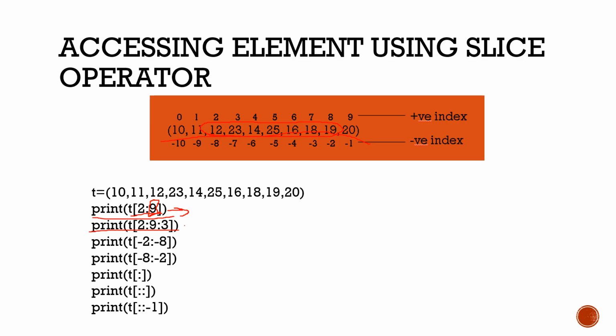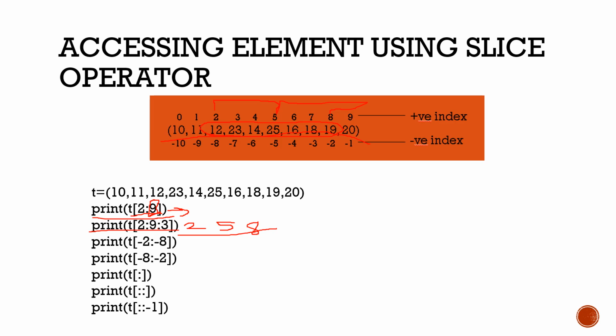So the first value I want to retrieve is from the 2nd position. 2 plus 3 is 5, 5 plus 3 is 8, 8 plus 3 is 11, but 11 is not less than 9. That's why it's going to retrieve the elements present at 2nd, 5th and 8th position. So which elements are present at 2nd, 5th and 8th position? 12, 25 and 19.